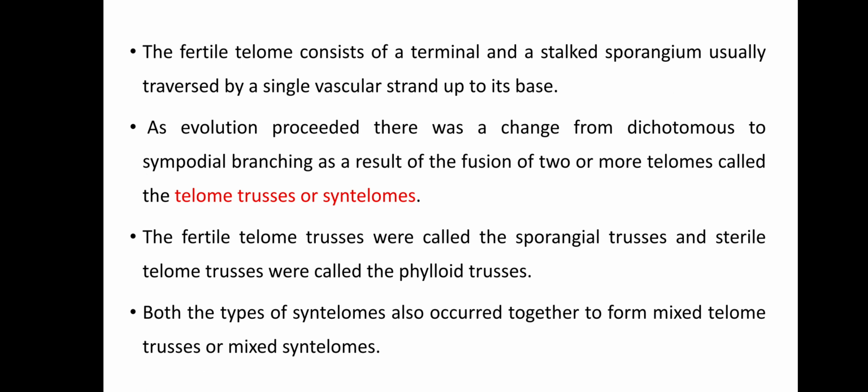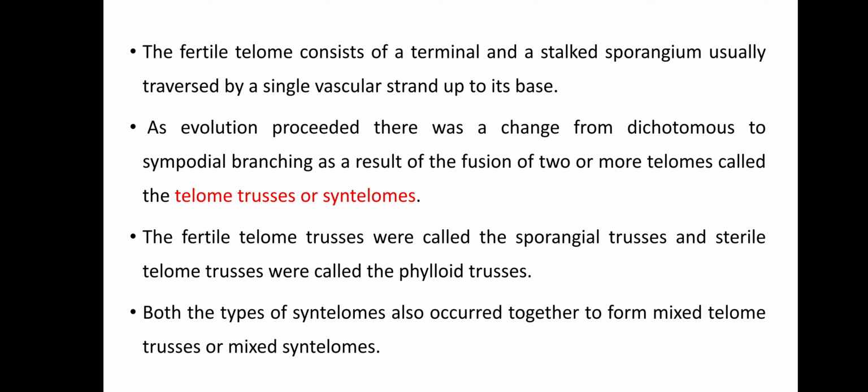The fertile telomes consist of a terminal sporangium usually traversed by a single vascular strand up to the base. That means sporangia have a vascular supply. As evolution proceeded, there was a change from dichotomous to sympodial branching as a result of fusion of two or more telomes, called a telome truss. These telomes fuse with each other to form a syntelome.